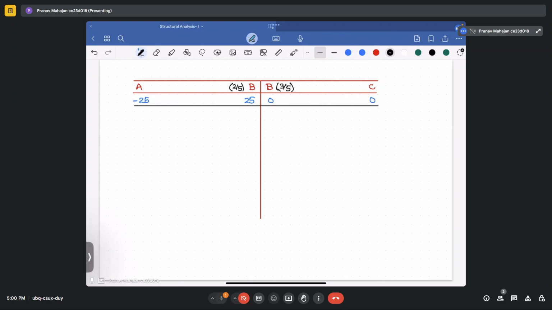Now you have to divide this 25 based upon the distribution factors. That will be distributed as minus 10, and here it would be minus 15. Okay. Now this 10 and 15 will be carried forward as minus 5, and here it would be minus 7.5.